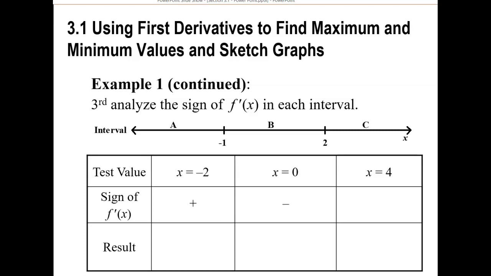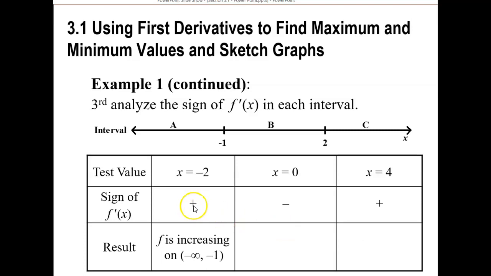When I plug in 0 into f prime, we get a negative number. And if we plug 4 into f prime, we get a positive number. So hopefully you wrote down what f prime was as you're taking notes, or if you have it on the printout. Those values are coming from plugging each of those test values into the derivative function.